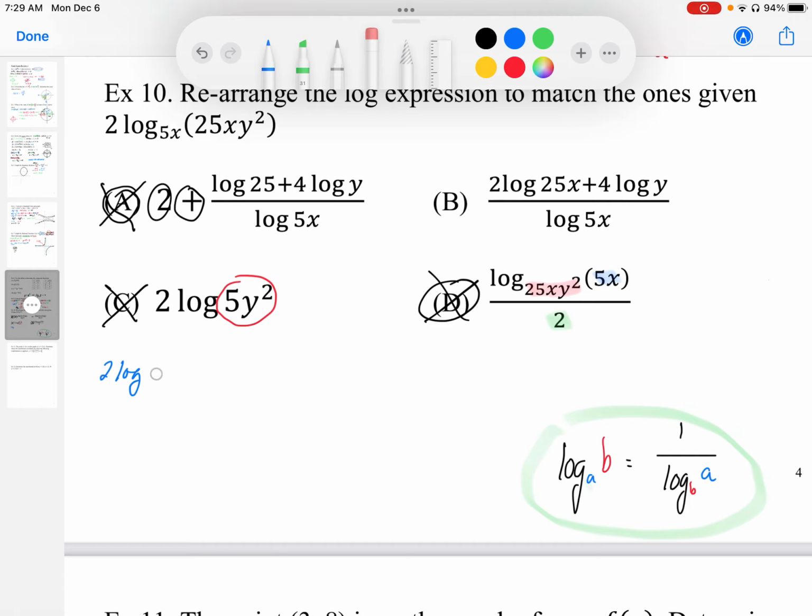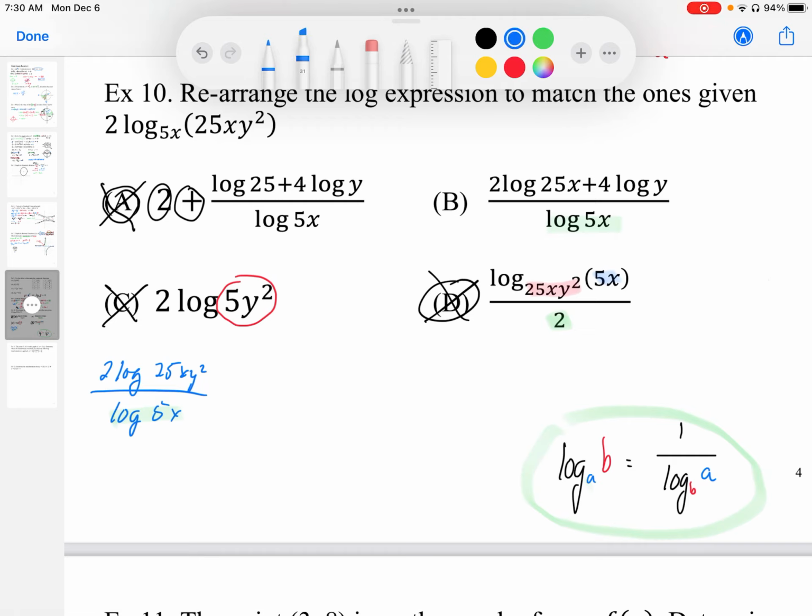And we end up with the argument 25xy squared over log of 5x. So that's how we get the 5x in the denominator. So we have this 5x down here and 5x down here.